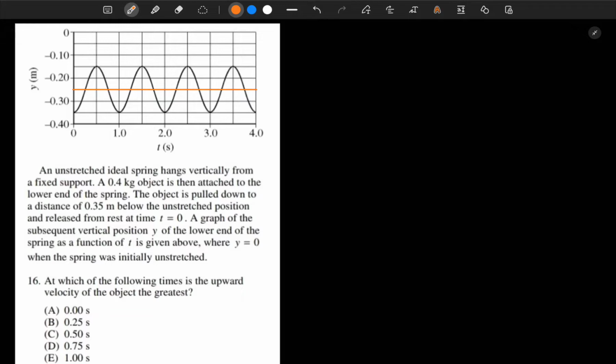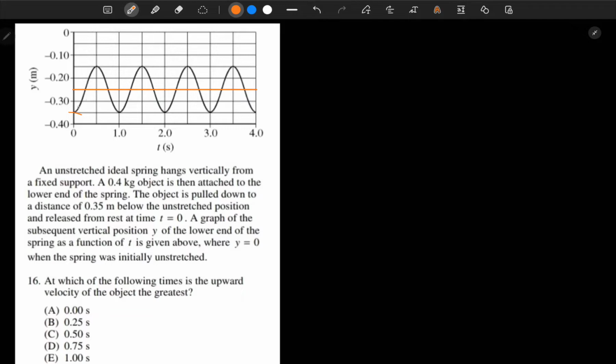So that is the stretched equilibrium position when the mass is hanging. So the maximum upward velocity should occur when it's passing through this equilibrium position, because at the top and the bottom here, we see that the tangent line to this plot is 0.